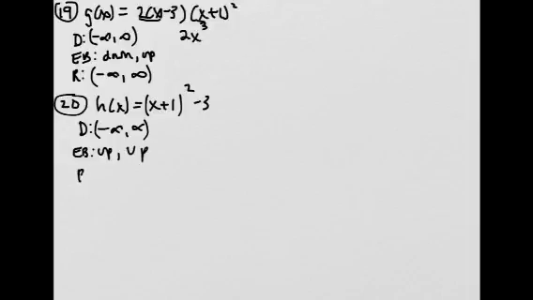And then for the range, well, the vertex of this parabola is -1, -3. So the lowest point is -3, because it opens up like that. And this point is -1, -3. So the range would be from -3 to positive infinity. It includes -3, so it has a bracket.